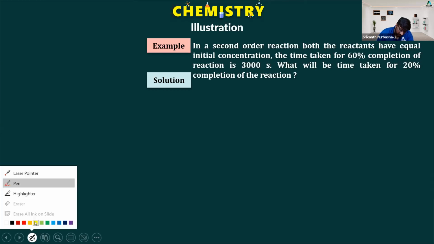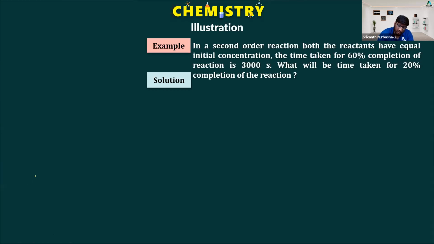Second order reaction, we have the equation. What was the equation for second order reaction? 1 by concentration of A at any time t is equal to 1 by concentration of A at time t equal to 0 plus K into t. When both the reactants have equal concentration, if you read the question carefully, they have mentioned it, yes or no? That means you are supposed to use this equation.